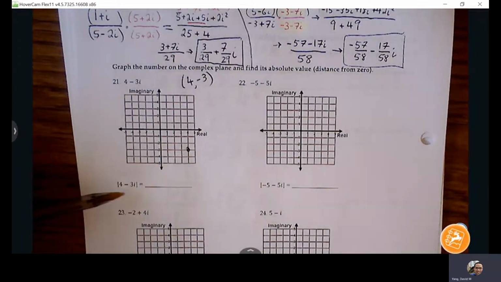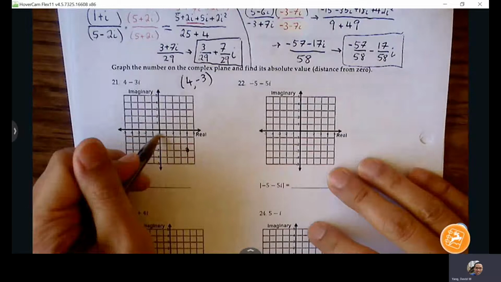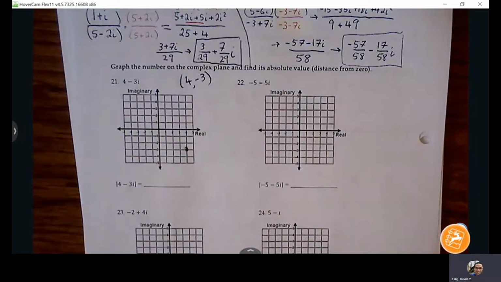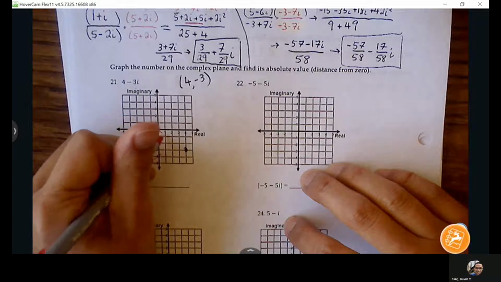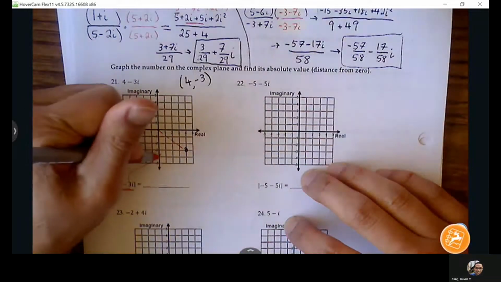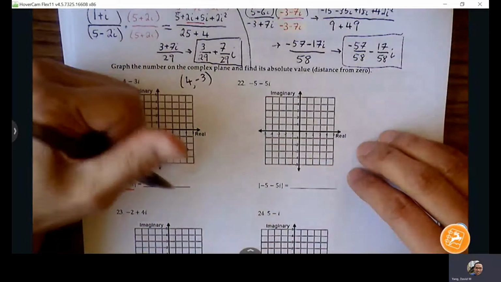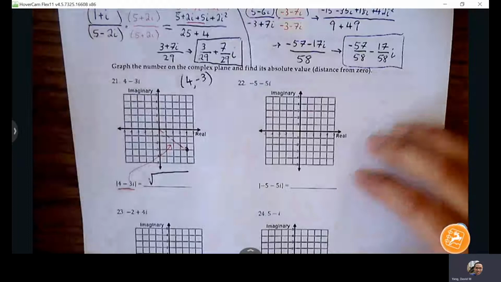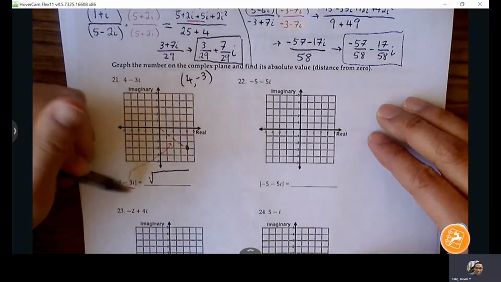And if I want to find the absolute value of 4 minus 3i, think of it as Pythagorean theorem. You're really just finding the hypotenuse for that triangle. So it's just basically Pythagorean theorem, right? a squared plus b squared equals c squared.